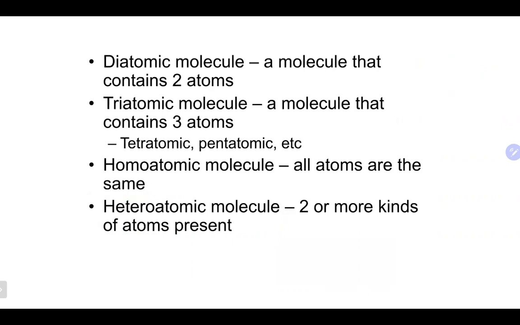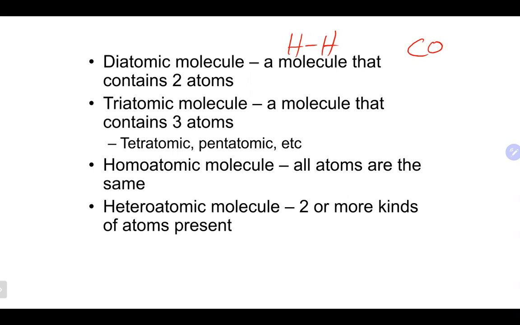There are different ways that we sometimes classify molecules. Diatomic, as we just talked about earlier, is when you have basically two atoms together. Now, we talked about H2, for example, being diatomic. If we had something like carbon monoxide, which is two elements together, is that diatomic?